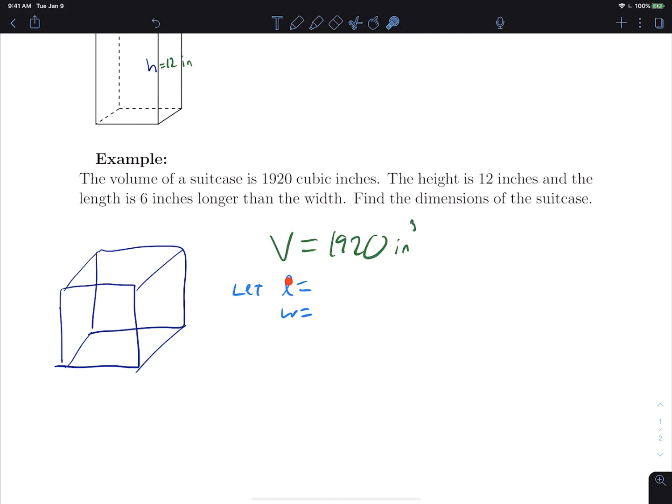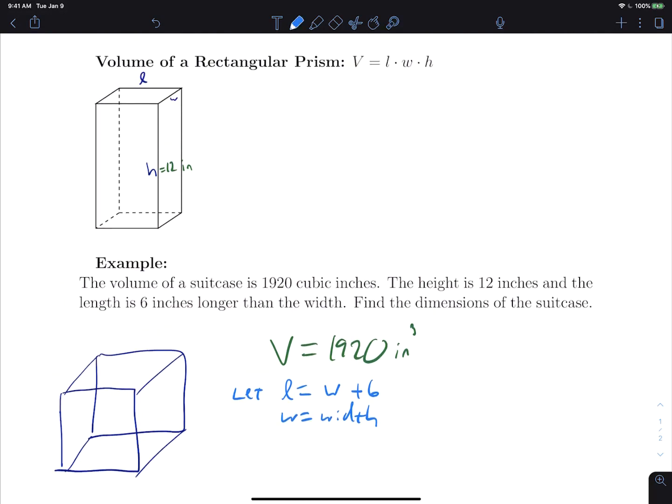So I'm going to define the length in terms of the width. The length is 6 inches longer than, which means plus 6, then what? The width. The width is W, so let's define the width as W. Excellent. So up here, L is W plus 6, and W is just W.